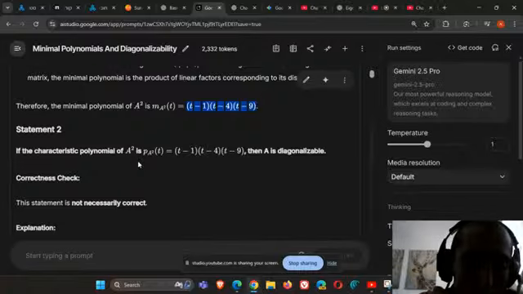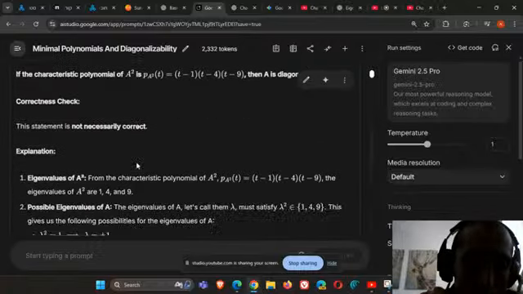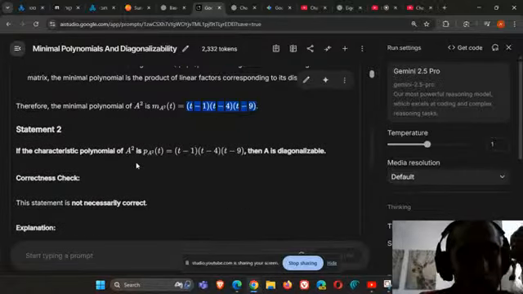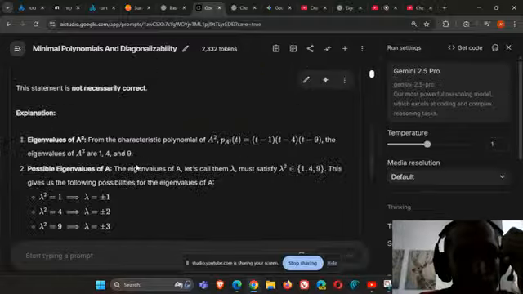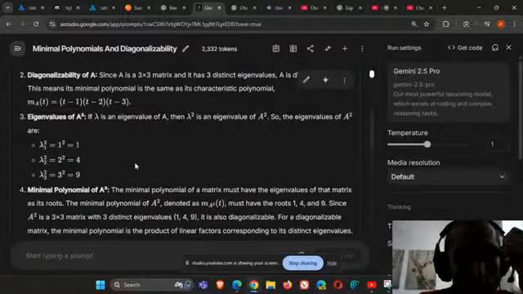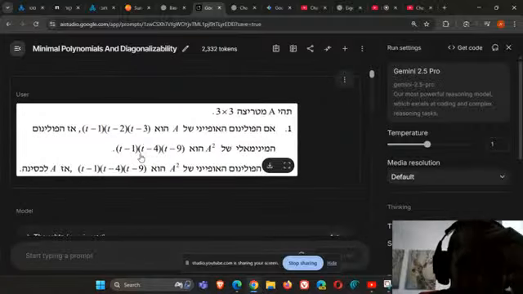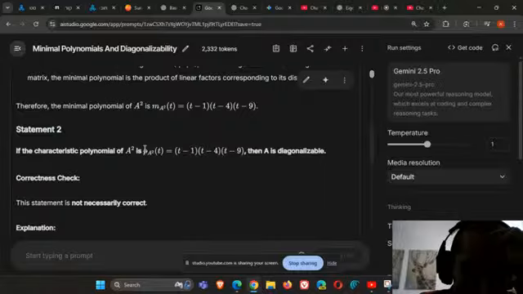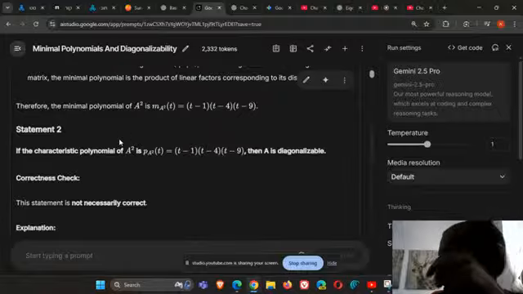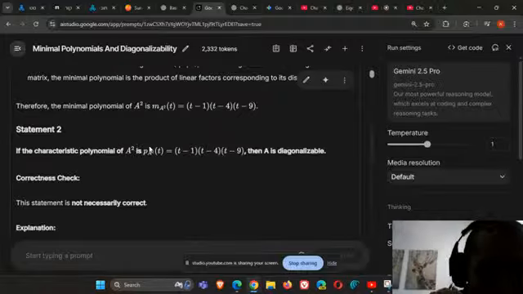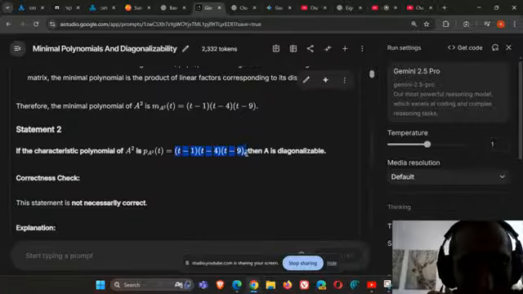Now the next statement, let's see this one, asks about A squared and A. If I have an A squared where the characteristic polynomial of A squared, not A, is this one, can I say that A is diagonalizable?